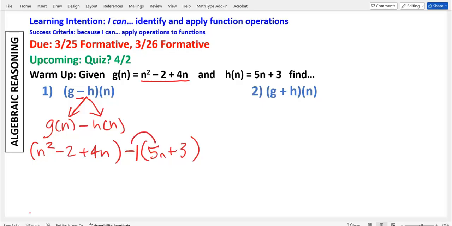Negative 1 times 5n, negative 1 times 3. If you have a negative 1 that you're multiplying, all it does is change the sign. So this positive 5 becomes a negative 5n. And this positive becomes a negative 3. Bring everything else down. And can you combine like terms is the question.